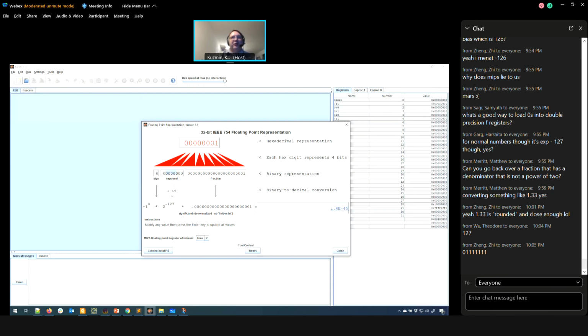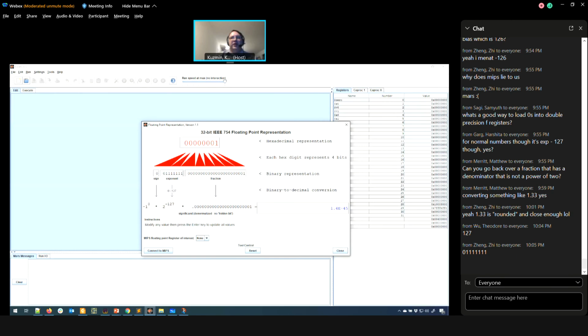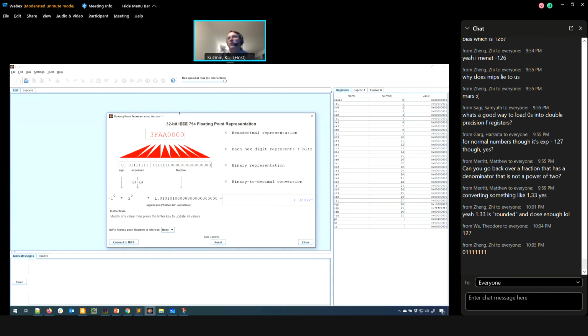So our exponent was 7 ones, and 0, 1, 0, 1, 0, 1. And indeed, we see that we got something close to 1.33, right? Not exactly, but if we went further, we would of course get closer.